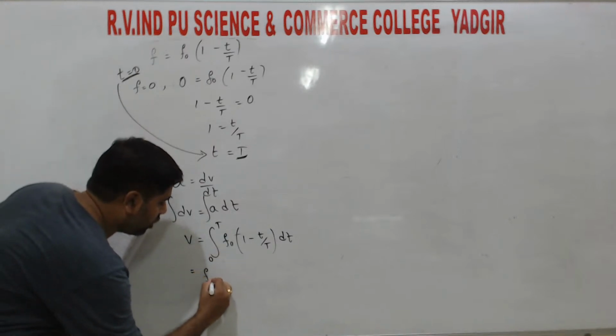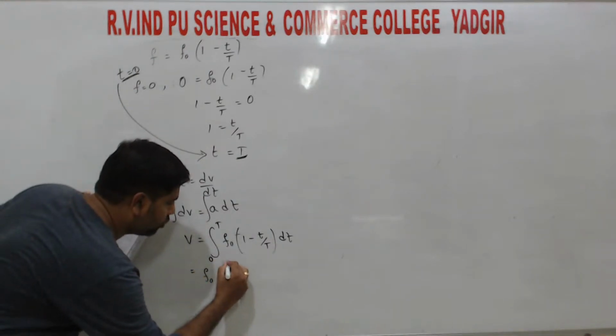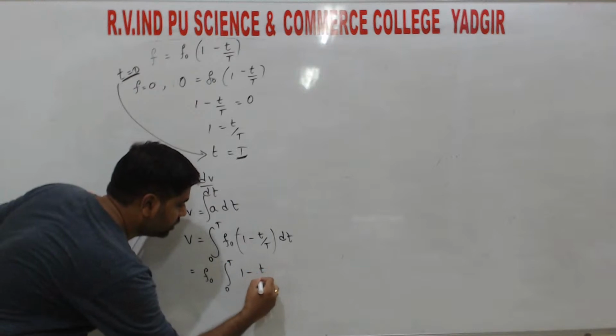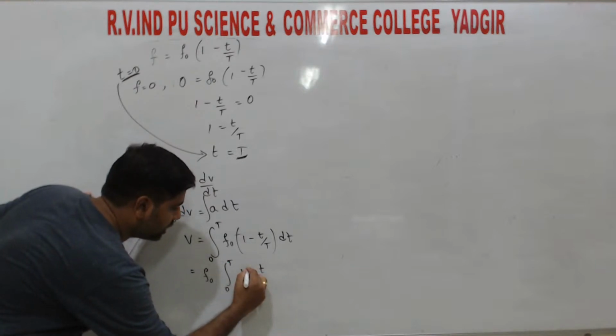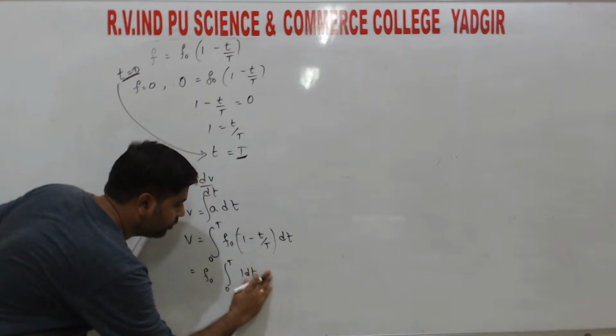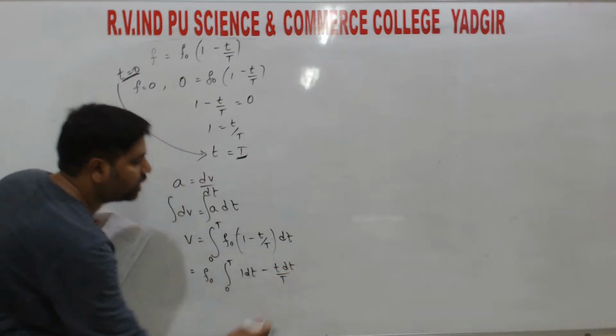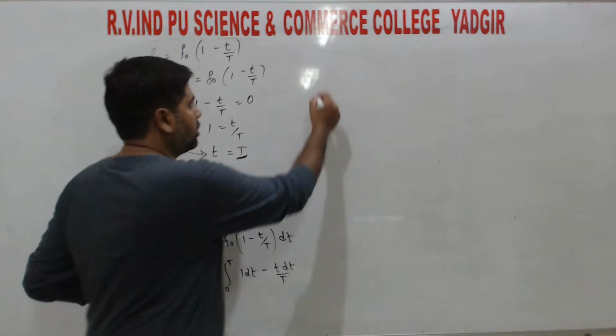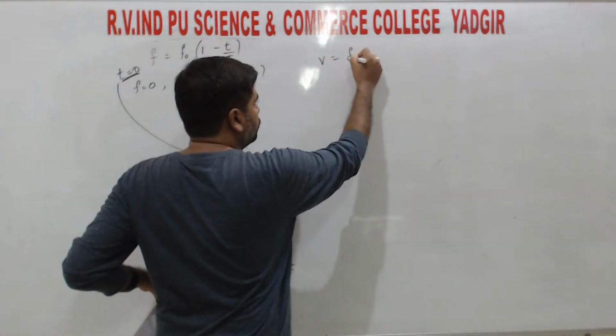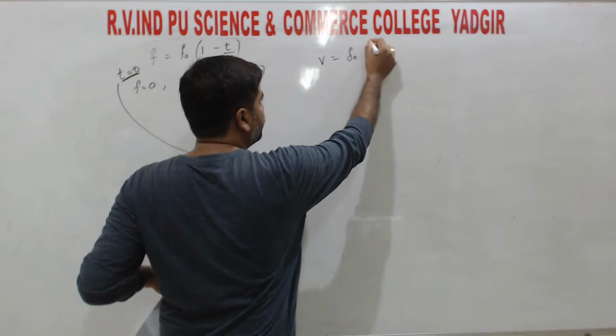So taking f naught outside, integration from 0 to T of 1 into dt minus t into dt by T. So here T is also constant, right? So v equals f naught.